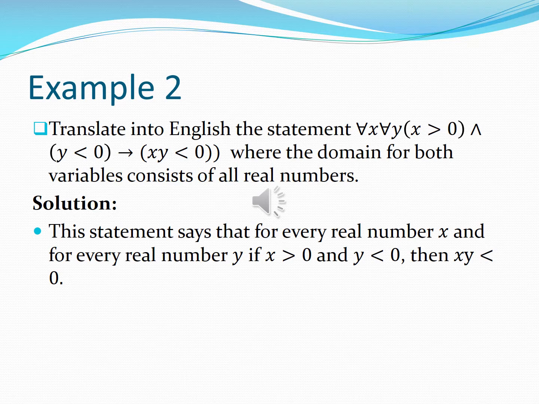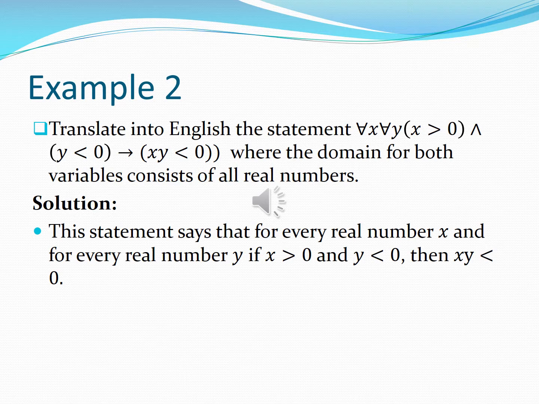That means x is a positive number and y is a negative number. This implies that x times y is always going to be a negative number. We know for sure that when you multiply a positive number with a negative number, you get a negative number.